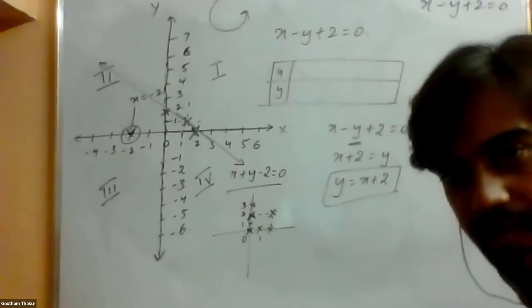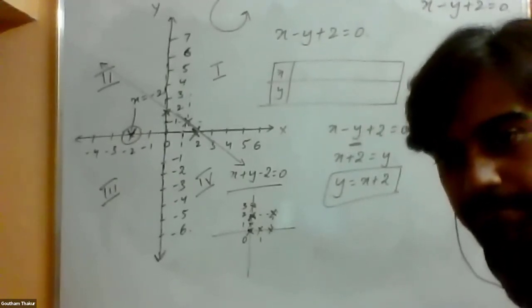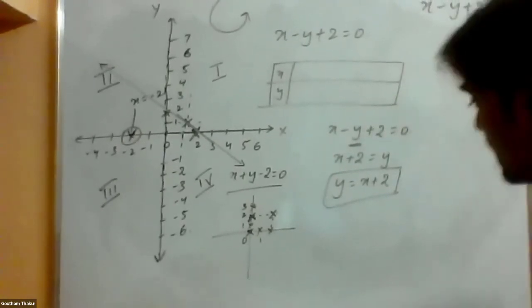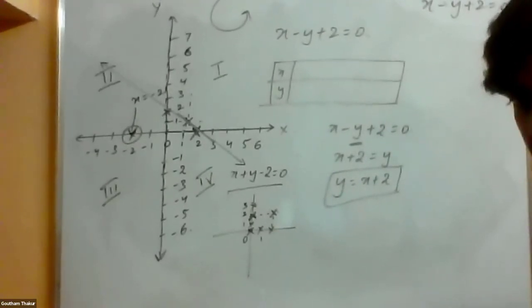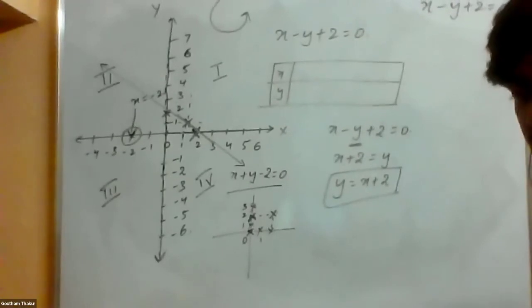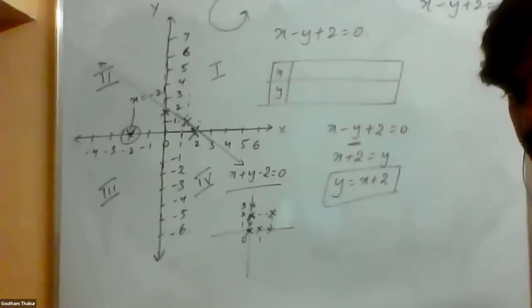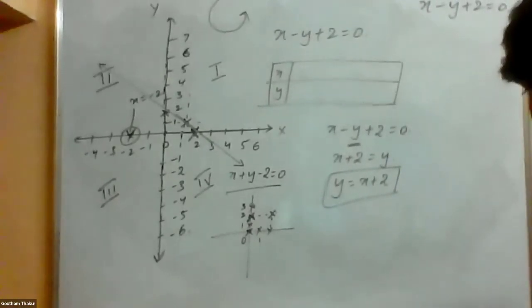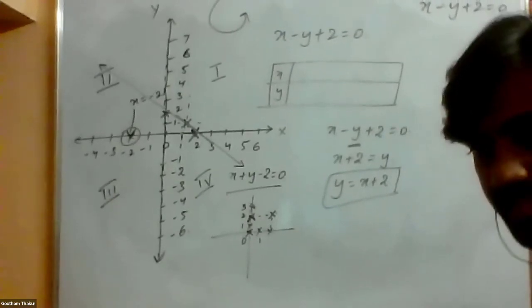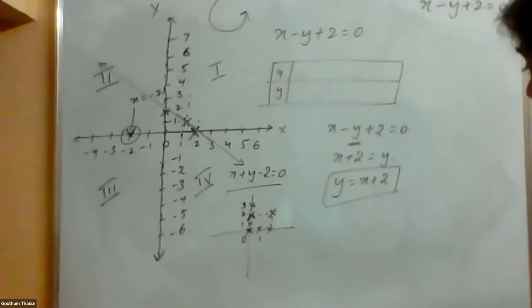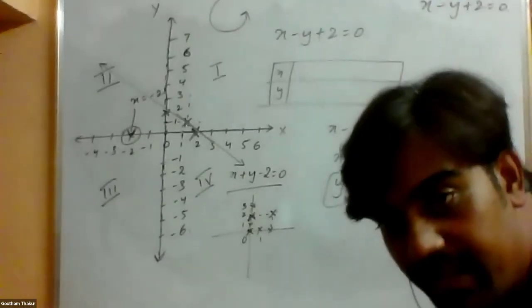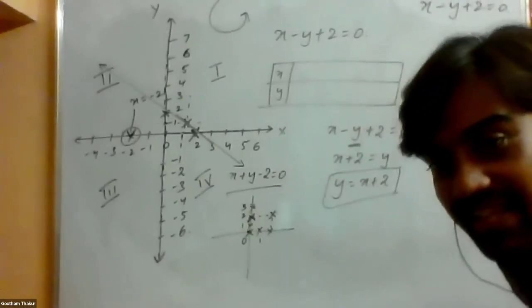Very good. And anyone else? X is dependent on y. Y is dependent on x. Y is dependent on x. X is equal to 4, y is equal to 6. Y is equal to 0, x is equal to minus 2, beta. Again, there is a mistake in the sign.